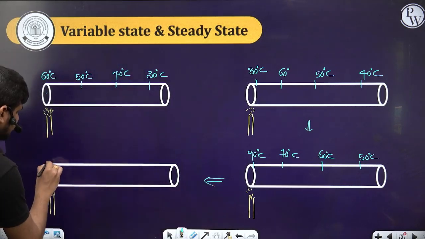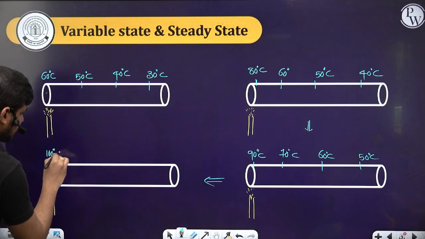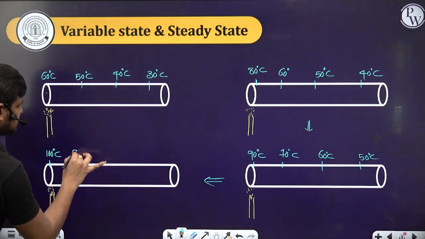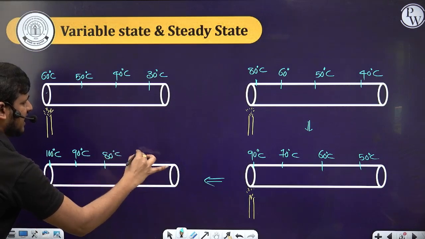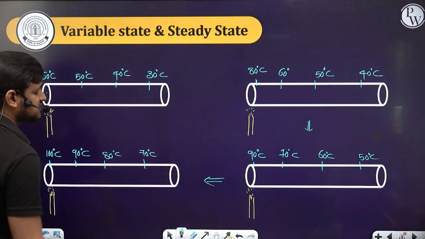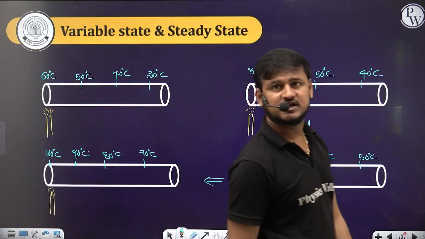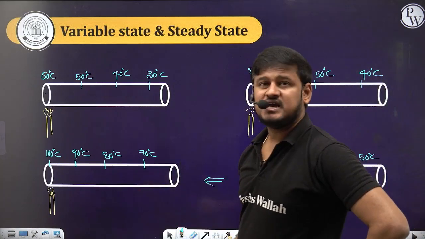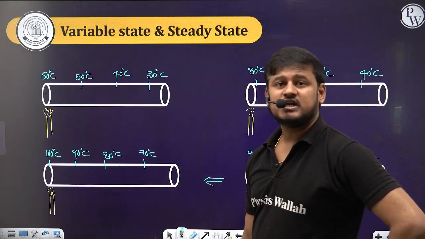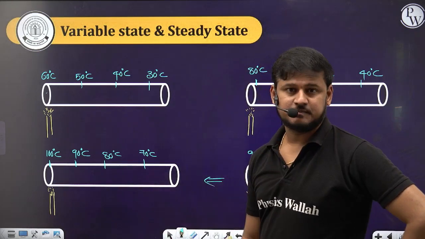So then this point has reached 100 degrees centigrade. So this has reached some 90 degrees centigrade. So let's say this is some 80 degrees centigrade, and this cross section has reached some 70 degrees centigrade. Now, even if you supply the heat from here, the temperature stops increasing.